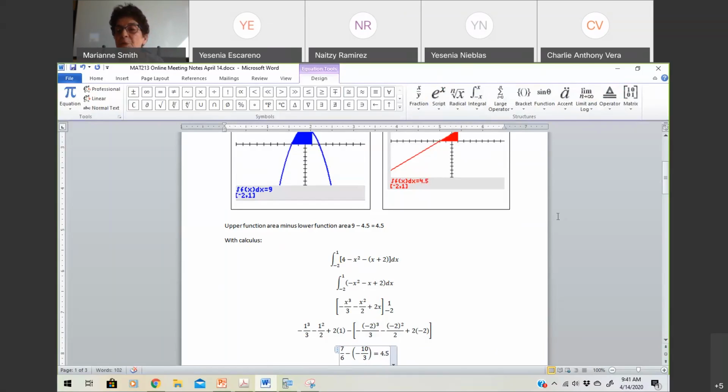So this is how you do it by hand, the long way. You kind of have to be able to handle both, but there's no reason not to use technology to help yourself.